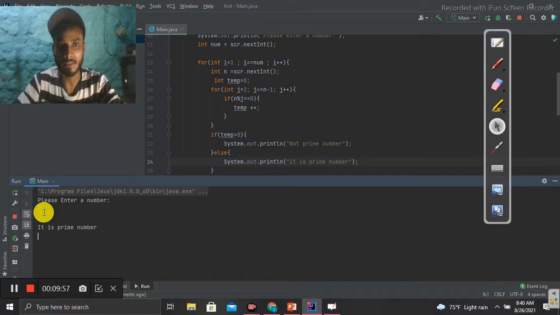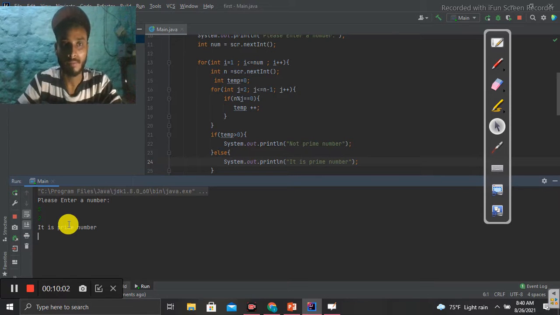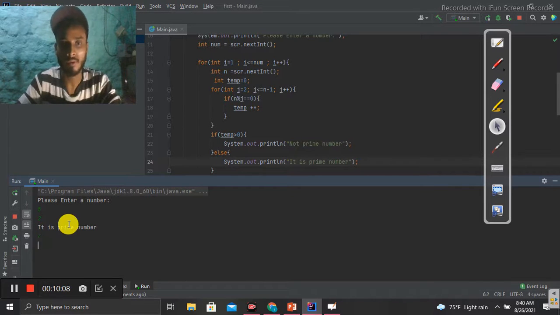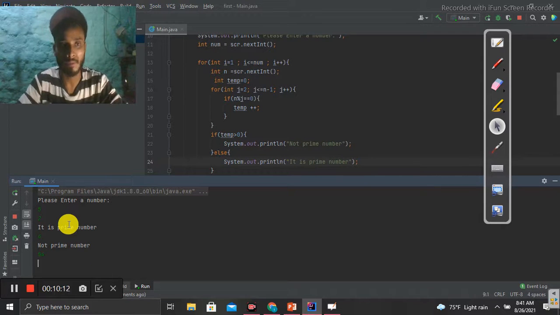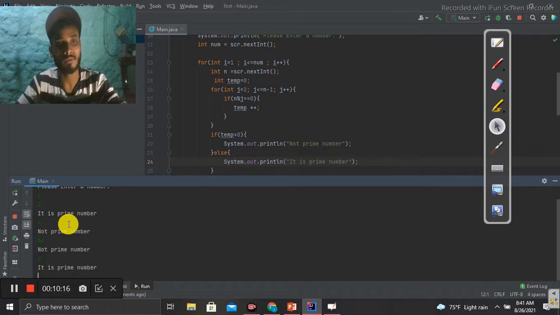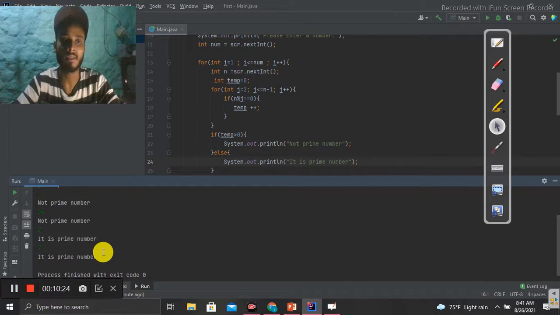You can see it is a prime number. Our input count is 5 because we entered 5. Another is 4, it is not a prime number. 51, 54, not prime numbers. 7 is a prime number, so the corresponding outputs are given.